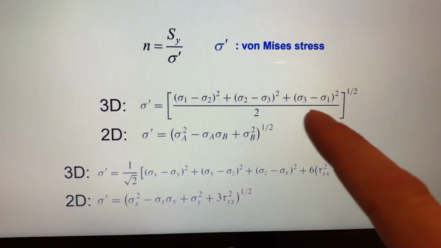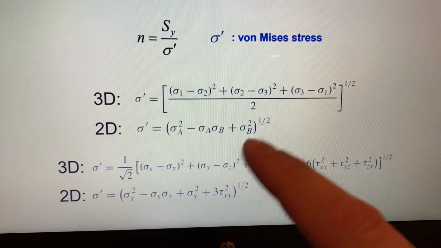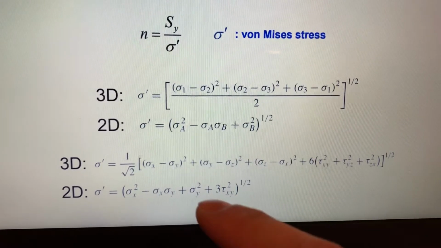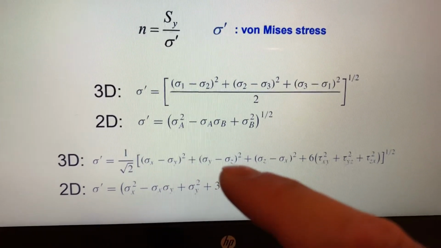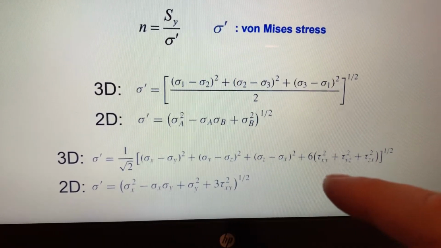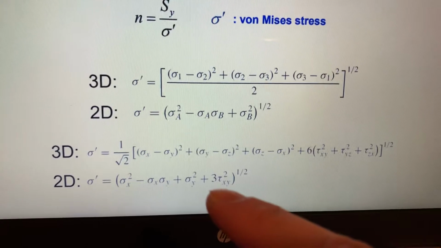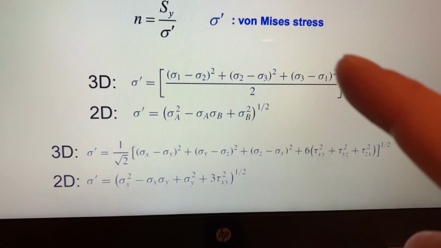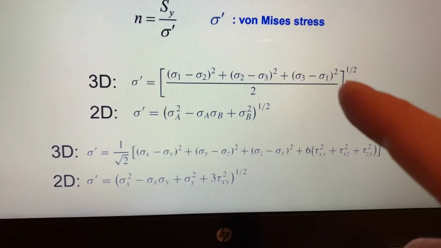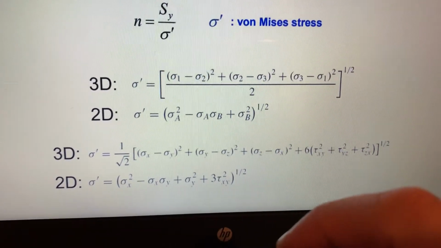There's 3D using theta 1, 2, and 3, and then 2D with A and B, and then there's 3D with X, Y, and Z, and with 2D as well. So you can find it with 1, 2, and 3, or with the X, Y, and Z stresses.